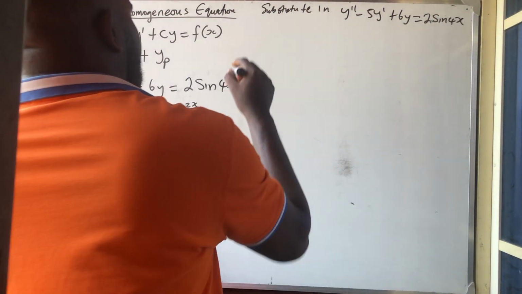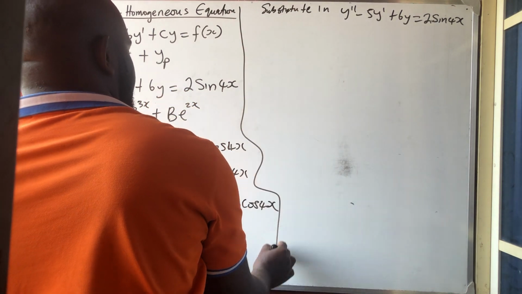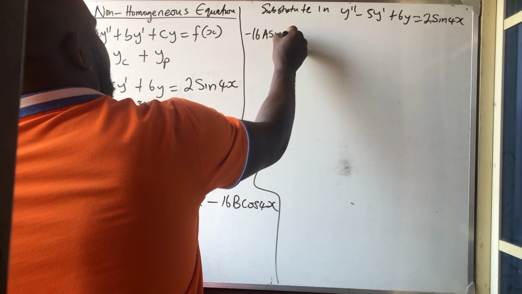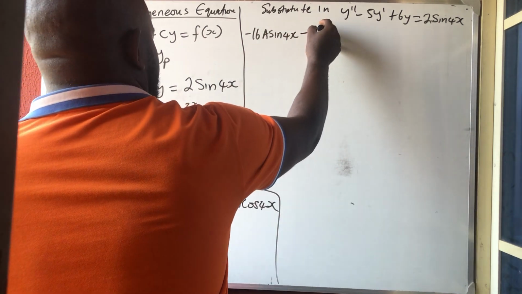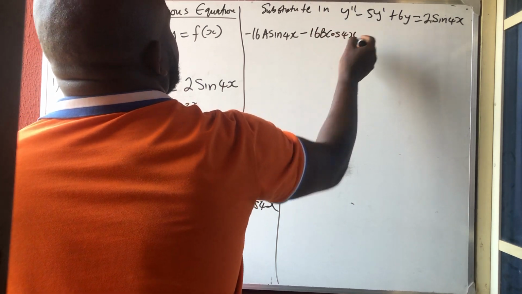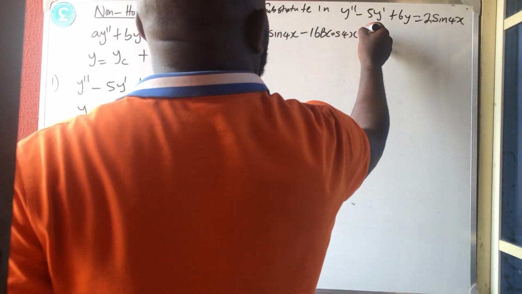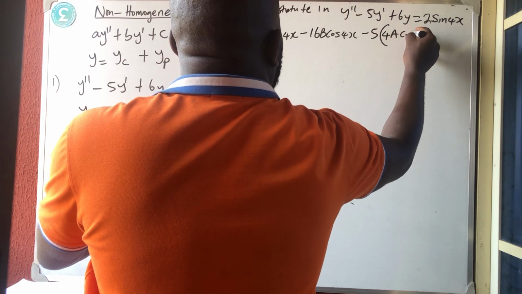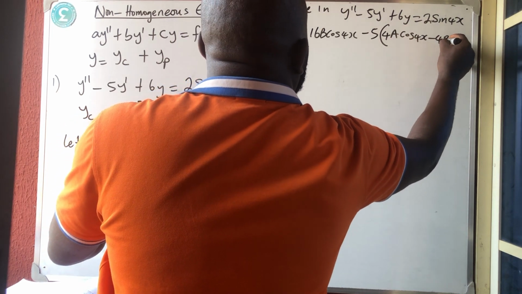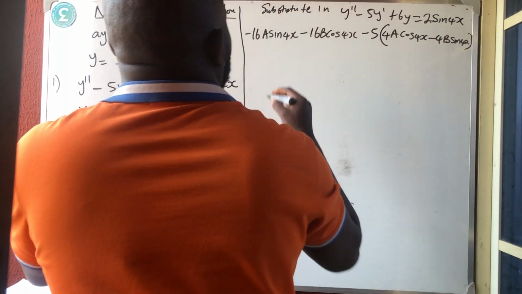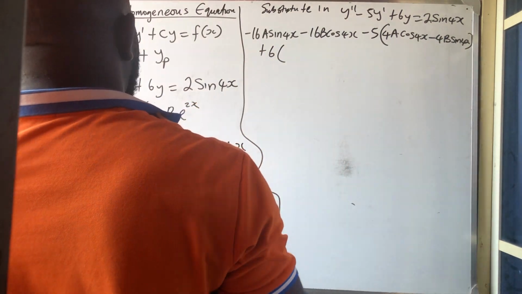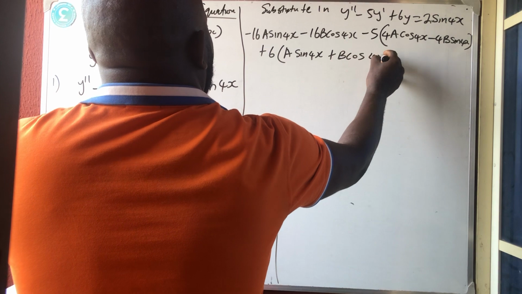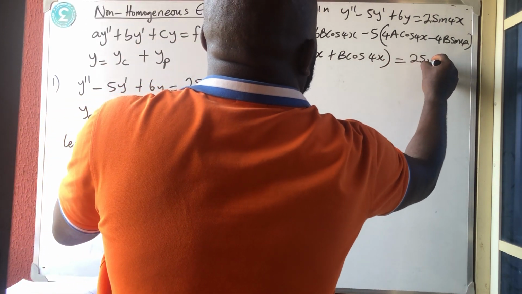My y double prime is minus 16a sine 4x minus 16b cos 4x, then minus 5 bracket, my y prime is 4a cos 4x minus 4b sine 4x, then plus 6 bracket, my y is a sine 4x plus b cos 4x, and everything is equal to 2 sine 4x.